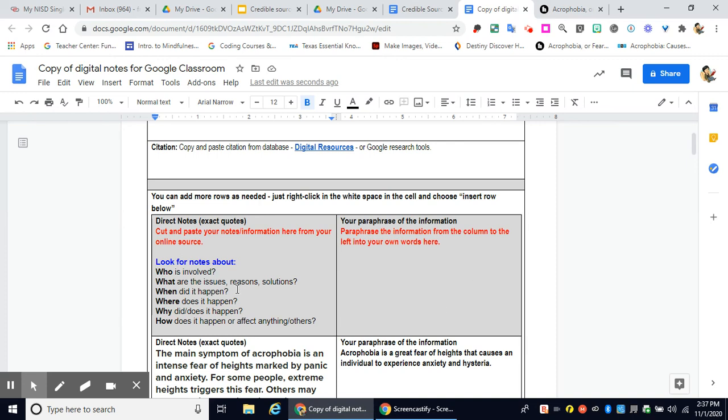There are a lot of questions on here for you to consider as you do that, and think about those. Okay, because that's going to help you as you go through this process to make sure that you are not only using research from experts, but that you're relaying that information properly in your own words.